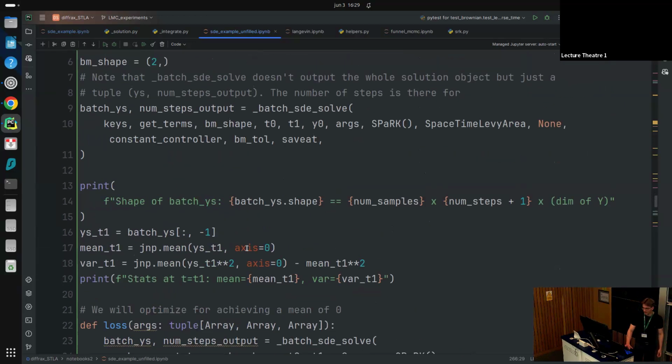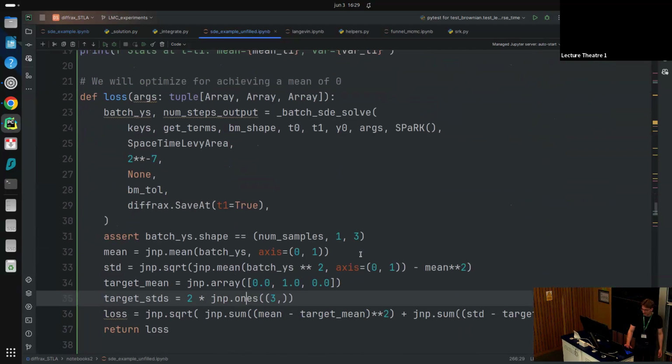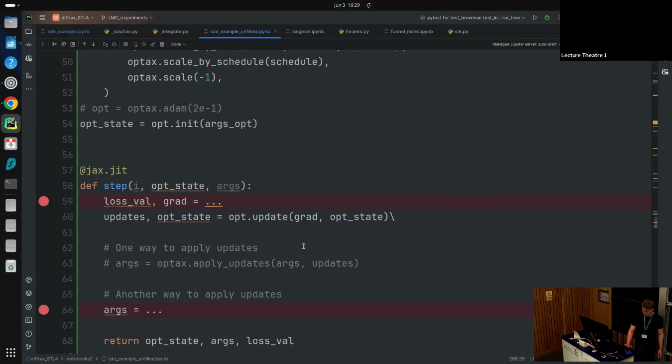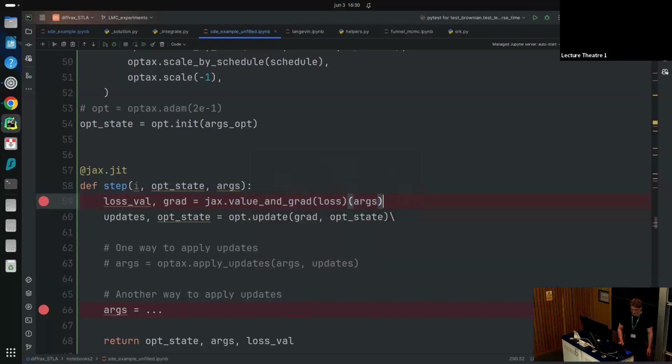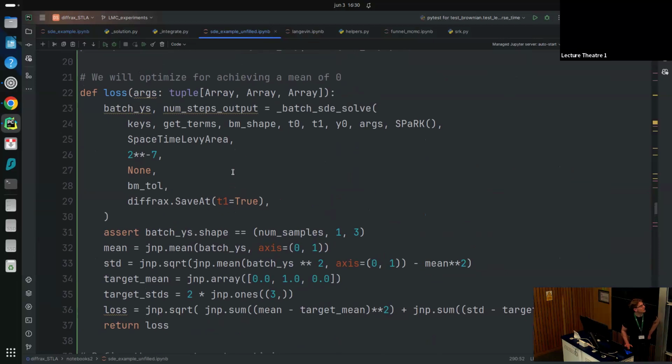And the good thing about JAX and the way Diffrax is written is you can just do auto differentiation through an SDE solve. And I won't go into the details of what is happening here, but essentially you just define a loss. And then here you can use a magical function, jax.value_and_grad, which just automatically differentiates your whole SDE solve, right?